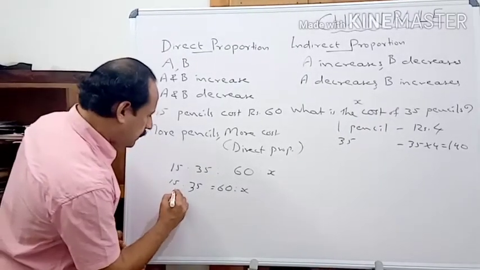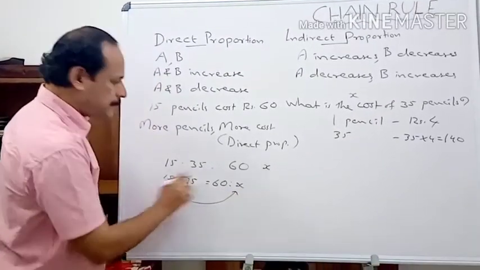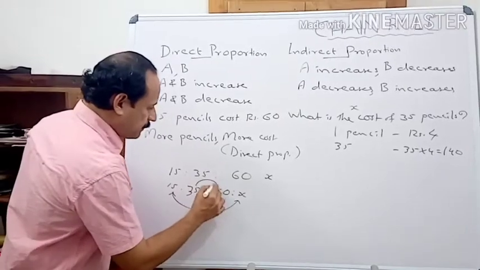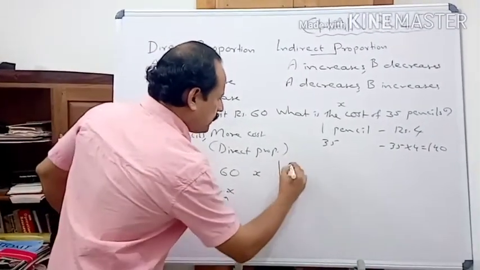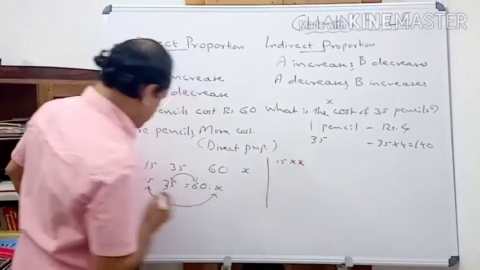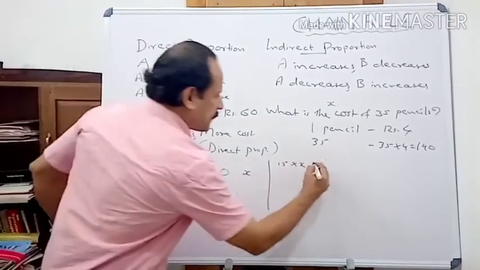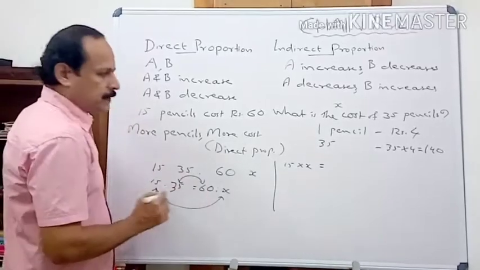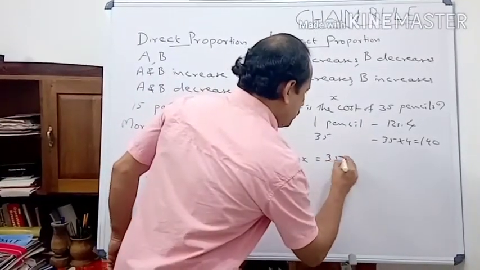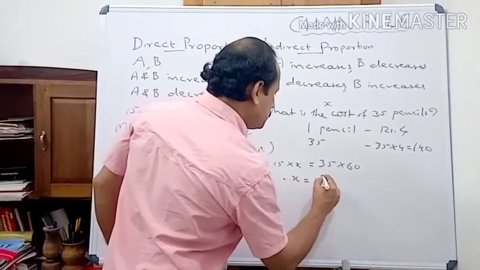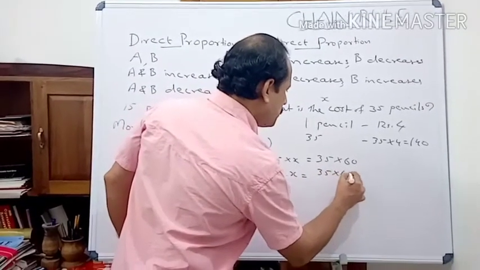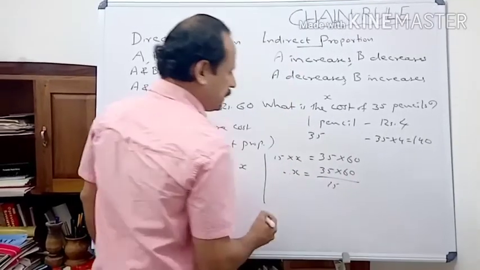And take multiplication, this is a proportion. Therefore, if we multiply, we get 15 into X equal to 35 into 60. Therefore, X equal to 35 into 60 by 15.